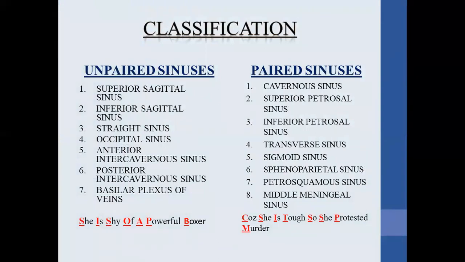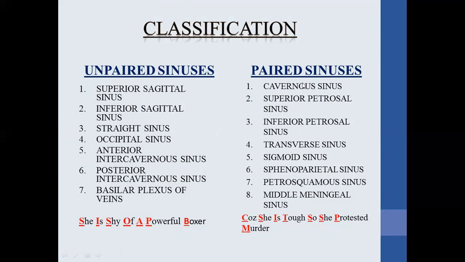These are superior sagittal sinus, inferior sagittal sinus, straight sinus, occipital sinus, anterior intercavernous sinus, posterior intercavernous sinus, and basilar plexus of veins. To remember this, the short form is 'She is shy of a powerful boxer.' So you can remember the first letter: S stands for superior sagittal sinus, I for inferior, S for straight, O for occipital, like that.